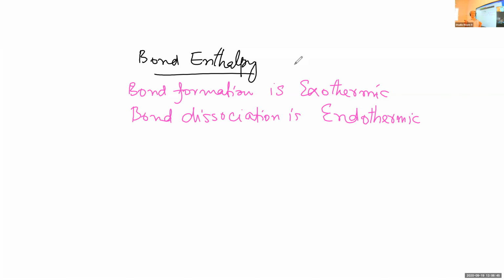So it is exothermic. While when a covalent bond is broken, that is dissociated, energy is absorbed by the system, and therefore it is endothermic. That is why we say bond formation is exothermic, that is a release of energy, while bond dissociation, breakage, is endothermic.